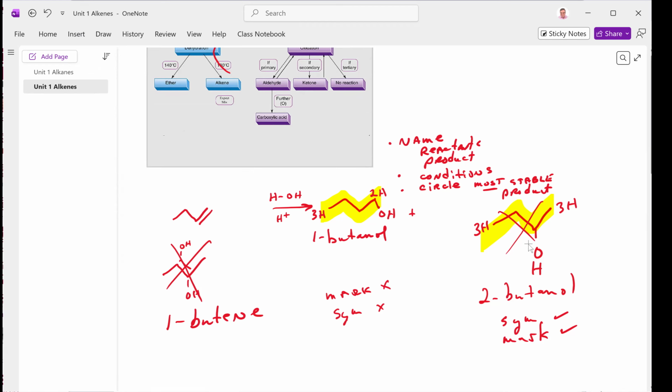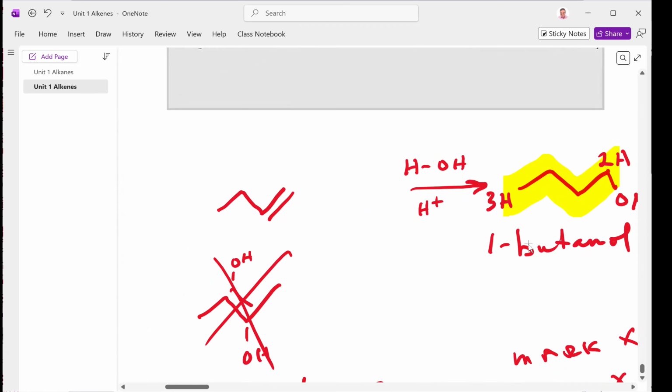And then I was also just wondering, how did we go from the alkene to the 2-butanol? Going back to the alkene, the water is going to add across the double bond this way and this way.